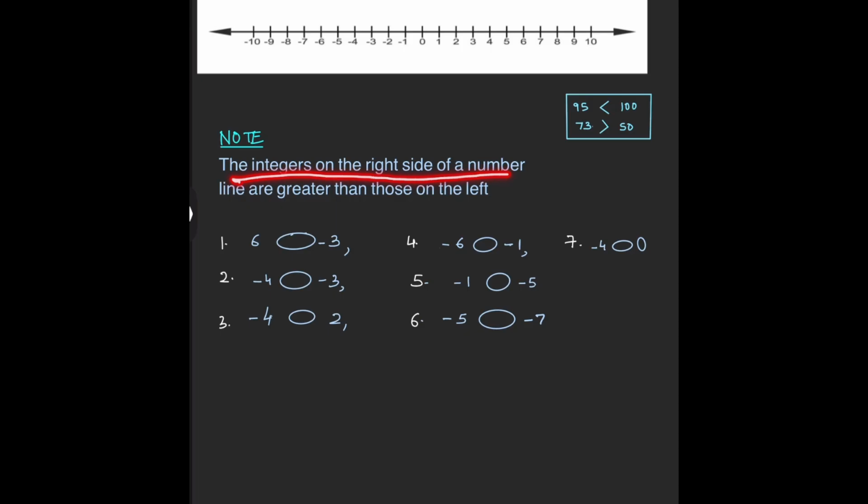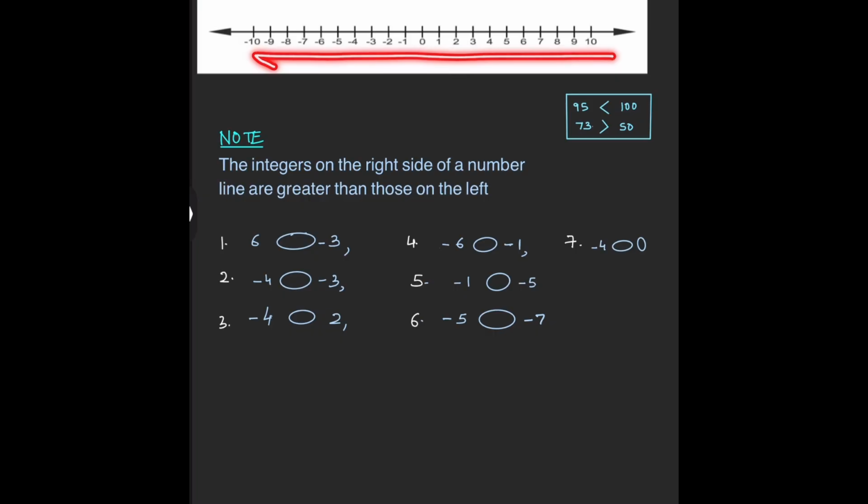Now the integers on the right side of the number line are greater than those on the left. What do I mean by that? Let us choose two numbers, 1 and 5. This is on the left side, this is on the right side. Which is greater? 5 is greater. These are the normal numbers. We all know that 10 is greater than 5 or 7 is greater than 3.